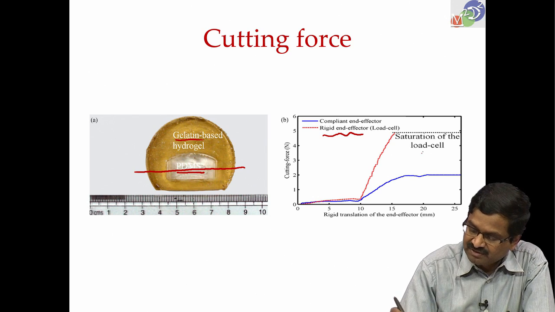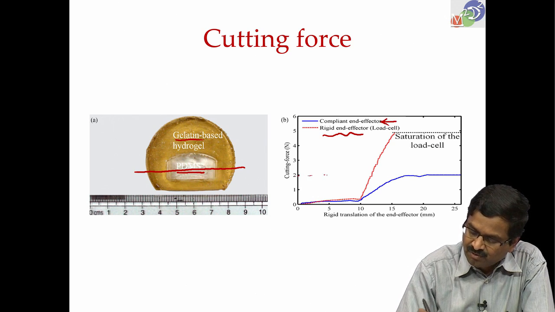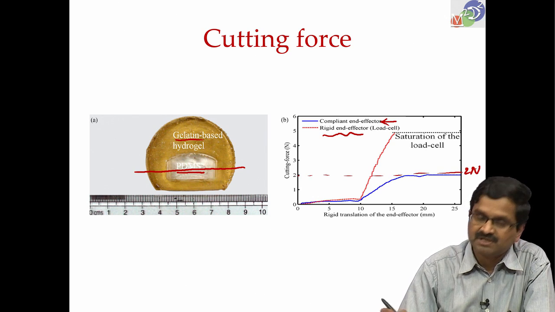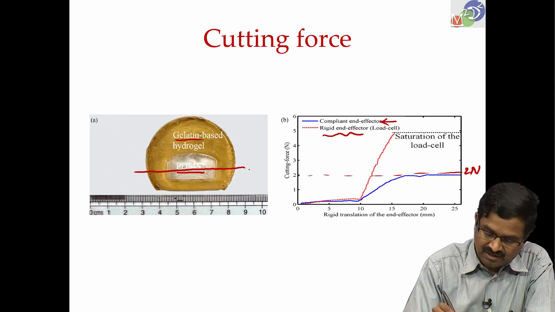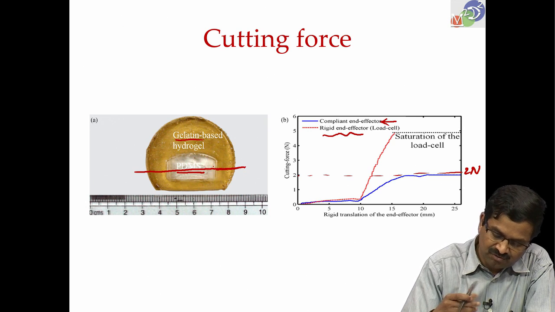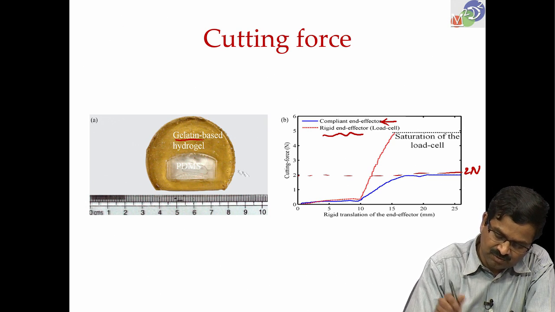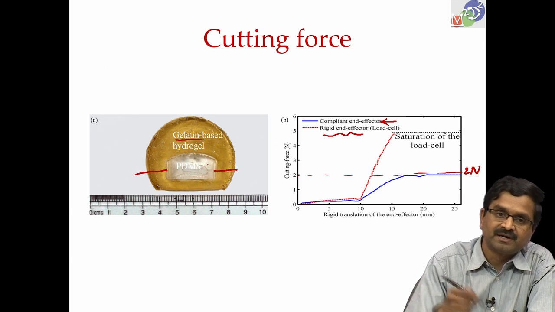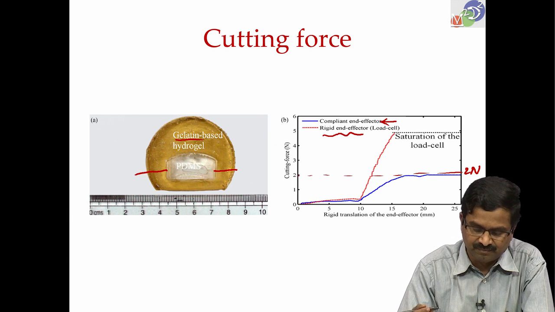Whereas, if you cut with our compliant end effector, that is the blue curve, it will not go beyond 2 newtons. We have 2 newtons the way it is designed. So, it will cut through the gelatin, and then it would not cut the rest of the portion. It will just cut here and then skip over and then start cutting later. It will ride over it, as you will see in a video.